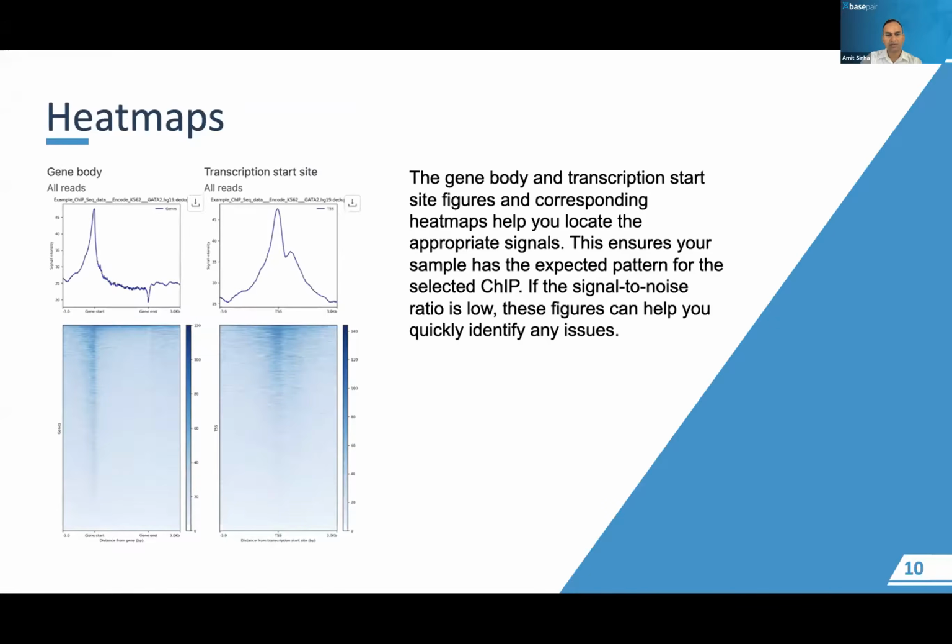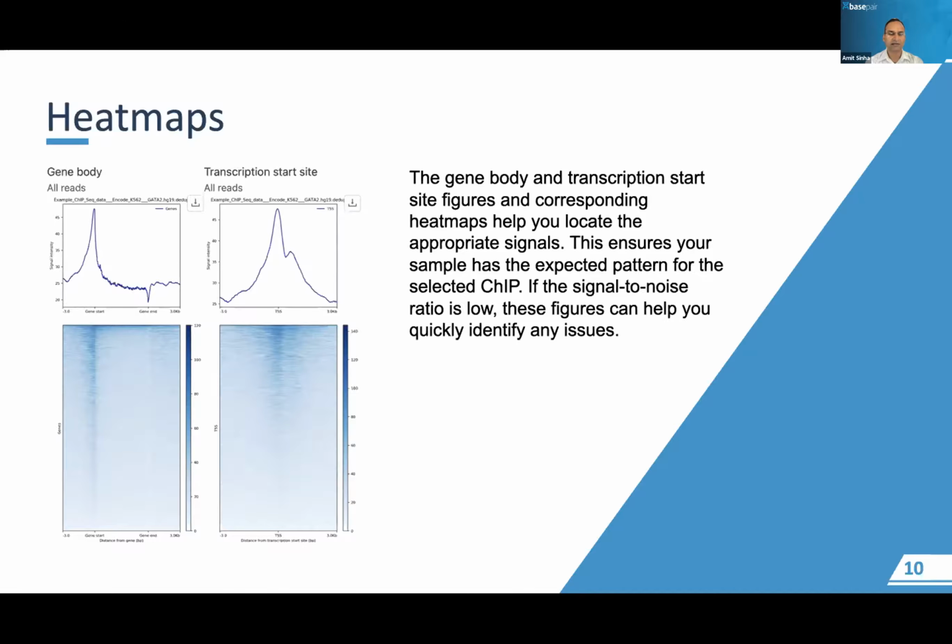And the figure on the top, the line graphs, they show the average signal across all of those 25,000 genes. And the first column on the left shows a signal all over the gene body where the length of the gene is normalized to make this figure possible.